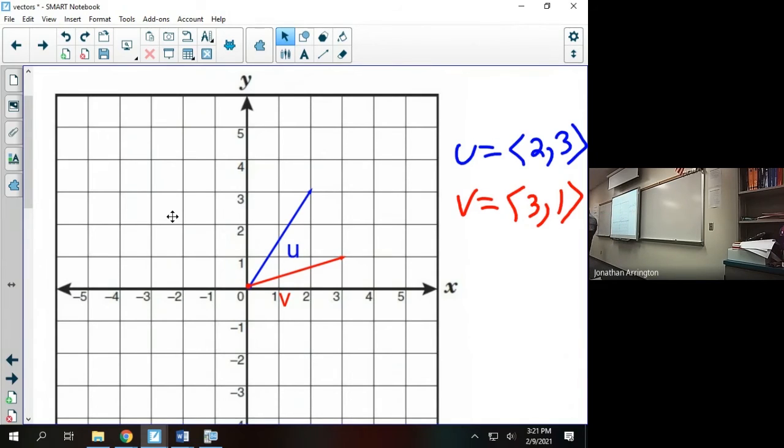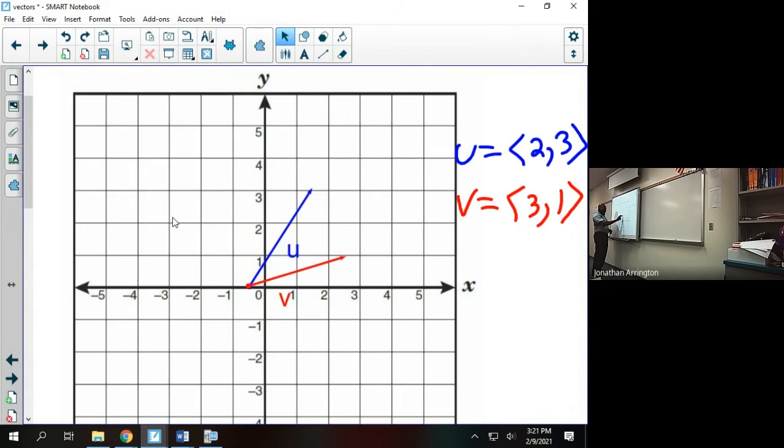Now, I want to add these guys. This is something, I don't know where you've gone in physics, but in physics, you add forces. You'll learn later vectors represent forces. So how do we add those forces? We put the initial point of one force on the terminal point of the other force. So we want to do that.